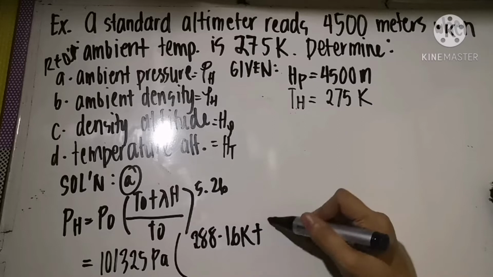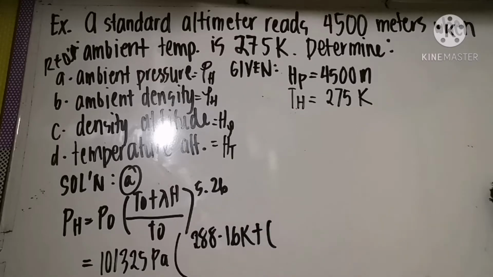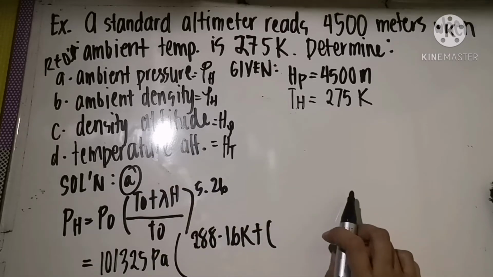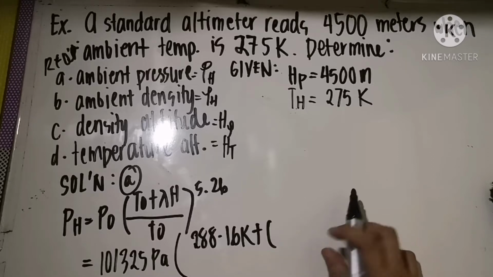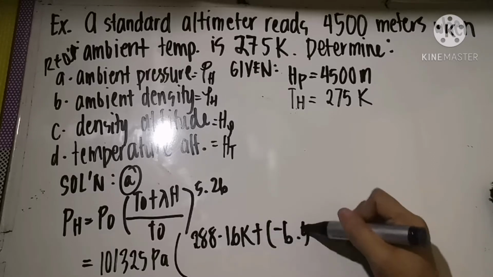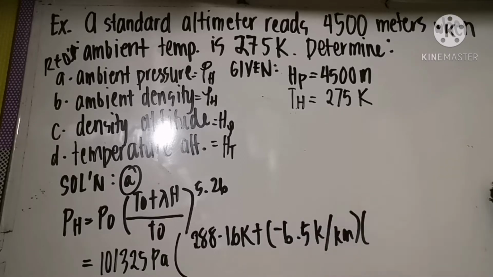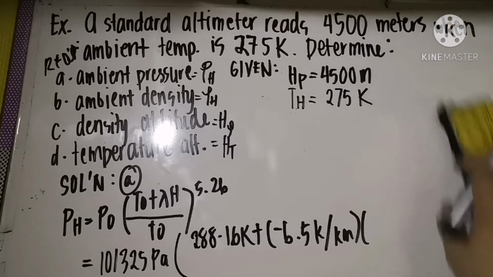I will ask you if kaya nyo sagutan, go ahead. Pwede na kayo mauna and then i-skip nyo na lang itong part na to. Next ay, what will be your lapse rate? The metric one, which is negative 6.5 Kelvin over kilometer. And then, what is your pressure altitude? Pressure altitude mo is 4,500.